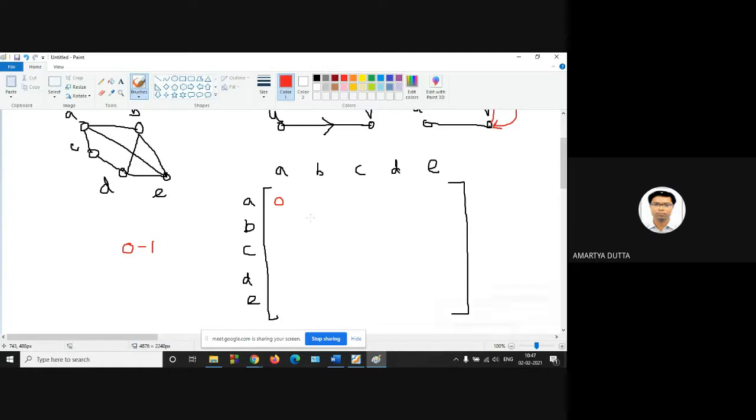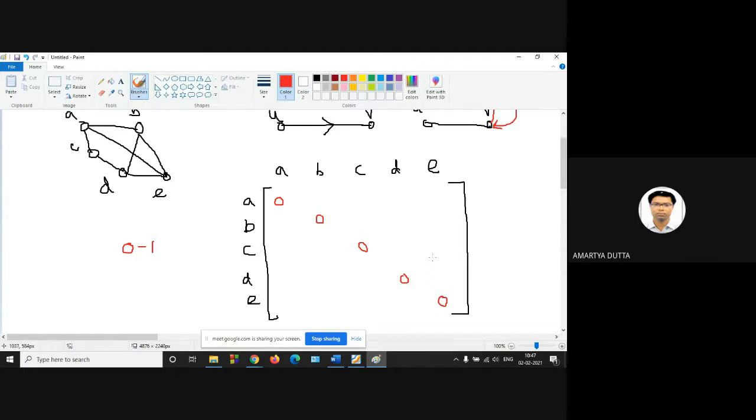That's why B to B is again 0, C to C is 0, D to D is 0, and E to E is 0. The diagonal elements are 0 in an adjacency matrix as there are no self loops. If there is a self loop, then this will be transformed into 1.